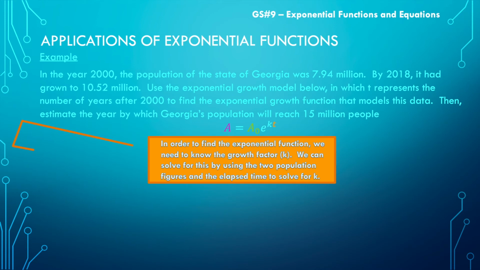So, to find the exponential function, we need to know the growth factor. And so I don't know what the growth factor is, but I can solve for this by using the two population values that I've got and the elapsed time, okay? Because the time between 2000 and 2018 we know to be 18 years.